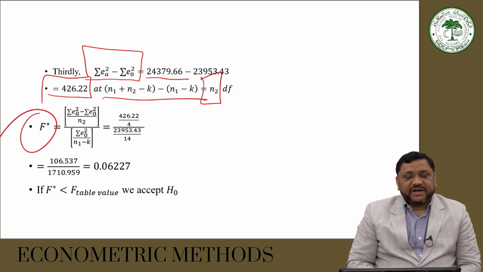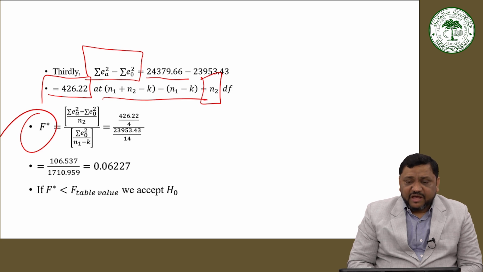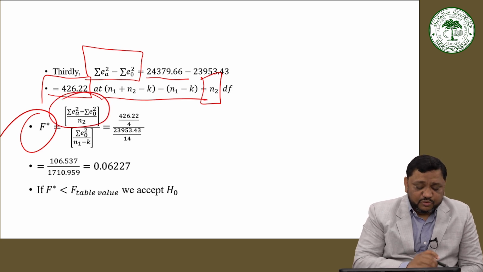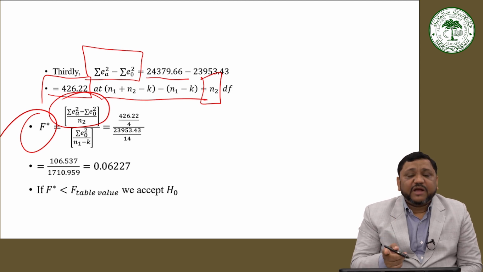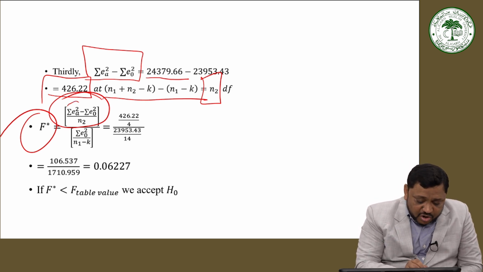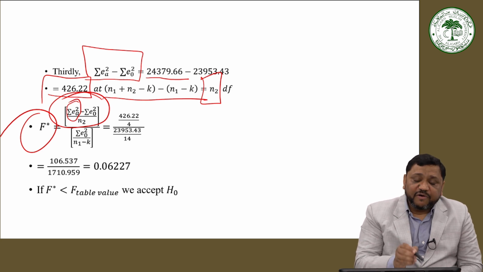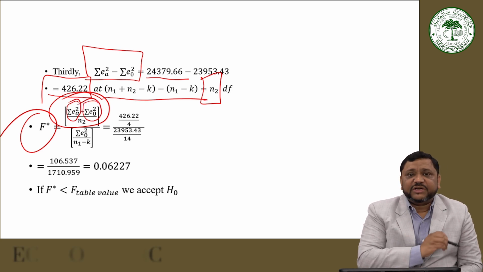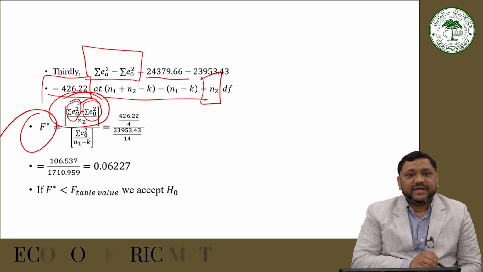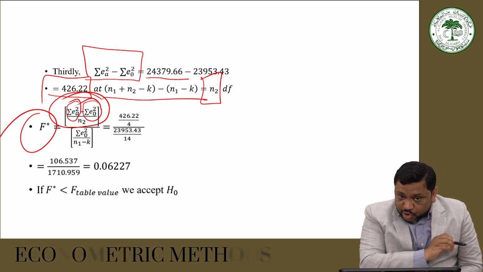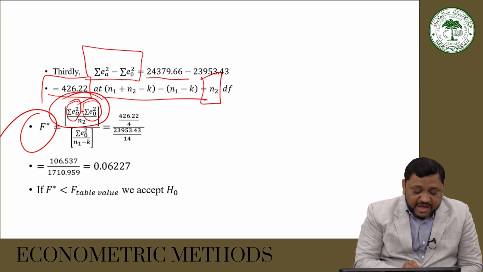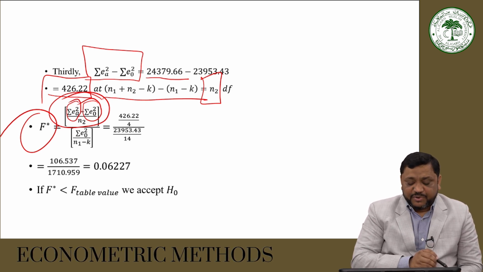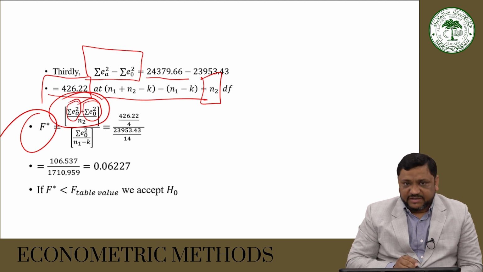Now your F statistic is equal to the sum of the squared errors of the augmented sample minus the sum of the squared errors of the original sample, divided by n2, this whole divided by the sum of the squared errors of the original sample divided by n1 minus k.